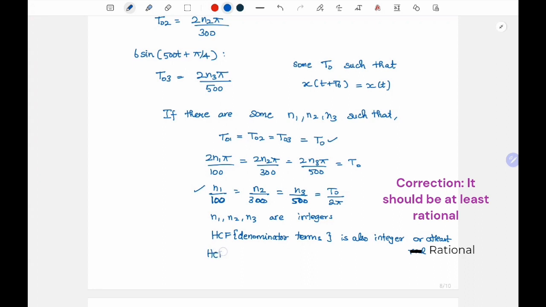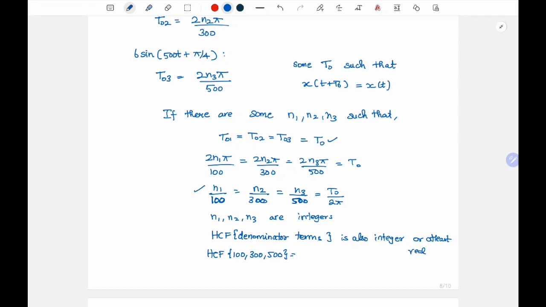So HCF of 100, 300 and 500. You can see 100 is the common term, like 100 divides 300 and 500. So it itself will be the HCF. So now we can actually write the n1, n2, n3 terms, right? So n1 is 1, n2 is 3, n3 is 5. So what will be t naught? t naught by 2 pi is actually 1 by 100.